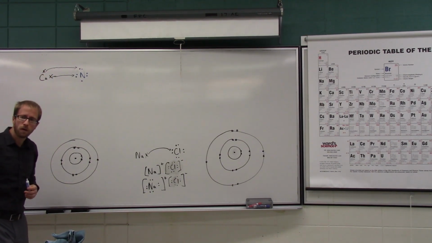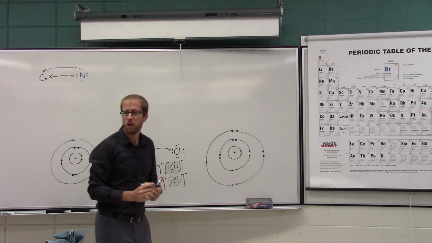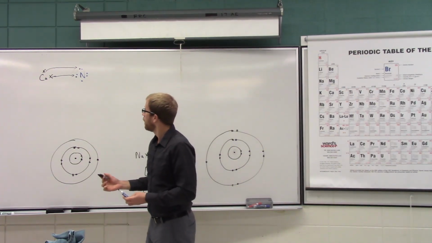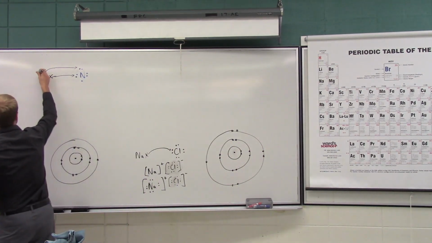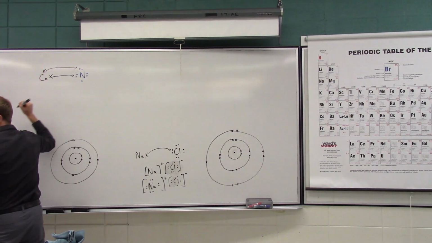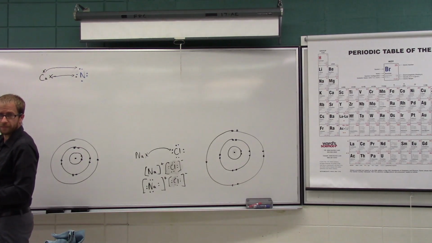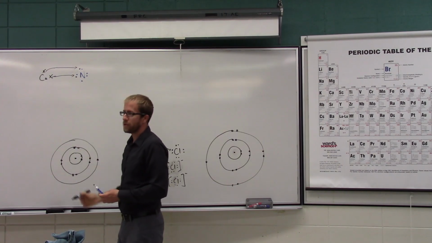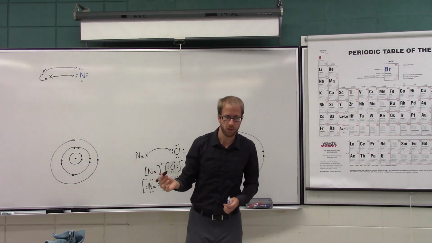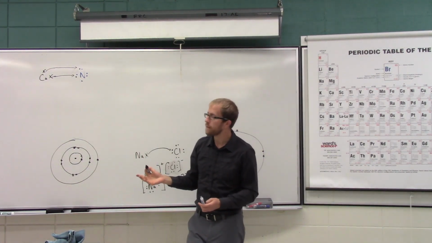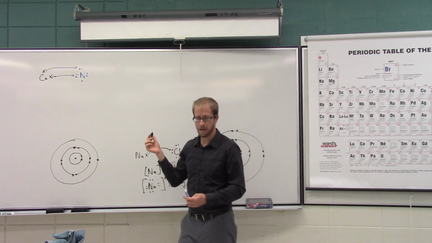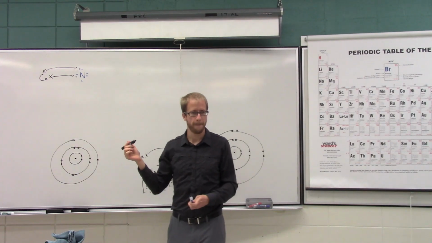It's lost those 2 outer electrons, so now it is electronically stable. Is our nitrogen happy? No, it's not, right? So how am I going to make this nitrogen stable? How am I going to give it a full outer shell? I'm going to add an electron. Where is it going to come from?